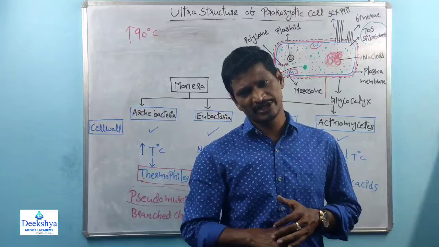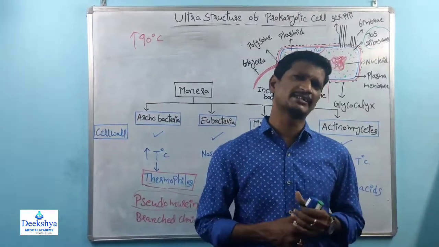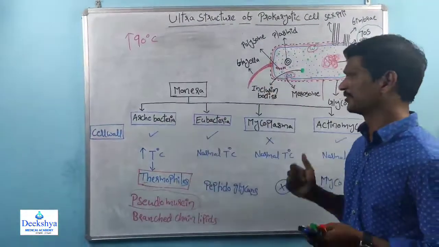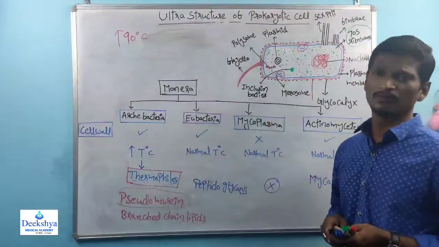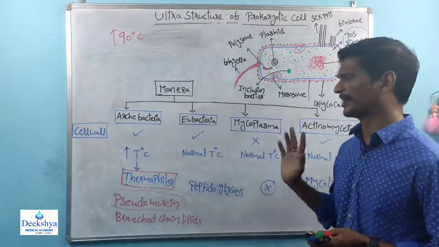Because of these, the bacteria grow at high temperature. So that is about the different subclasses of Monera and the compositions of different types of bacteria.